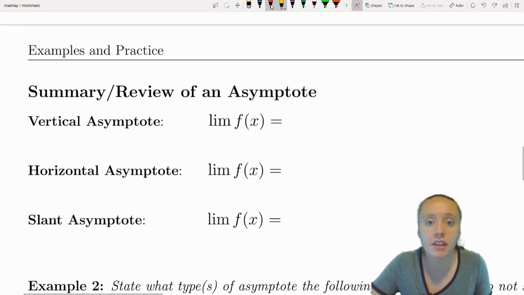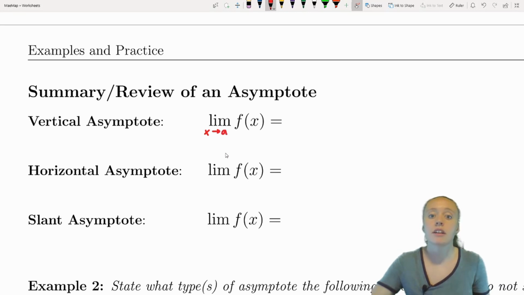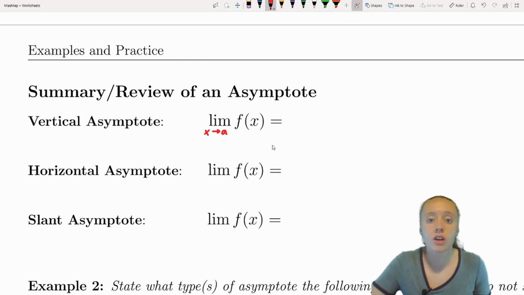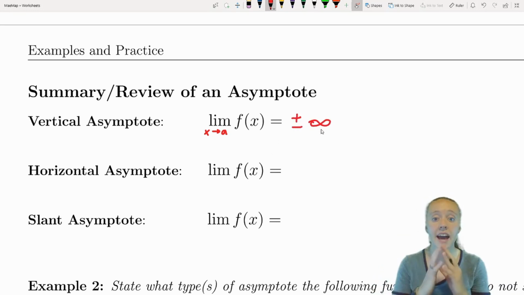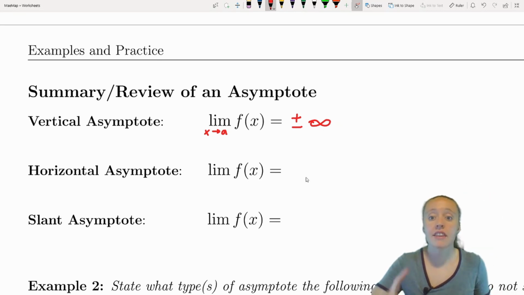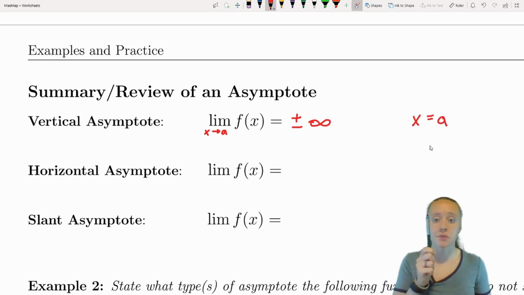So this is going to be the limit of f of x as x approaches some finite value a, and that is going to equal either positive infinity or negative infinity. So a vertical asymptote occurs when we're approaching a finite value in the x and our function approaches an infinite value. And that vertical asymptote would be x equals a. That's the line x equals a.